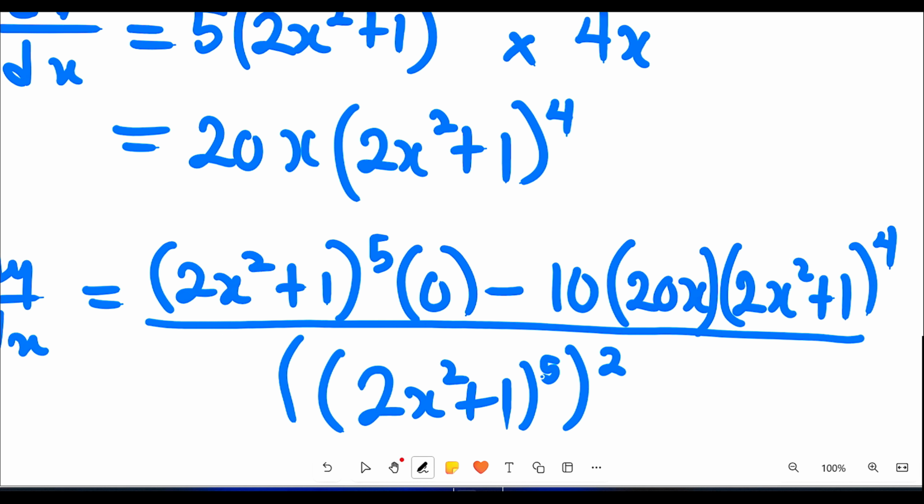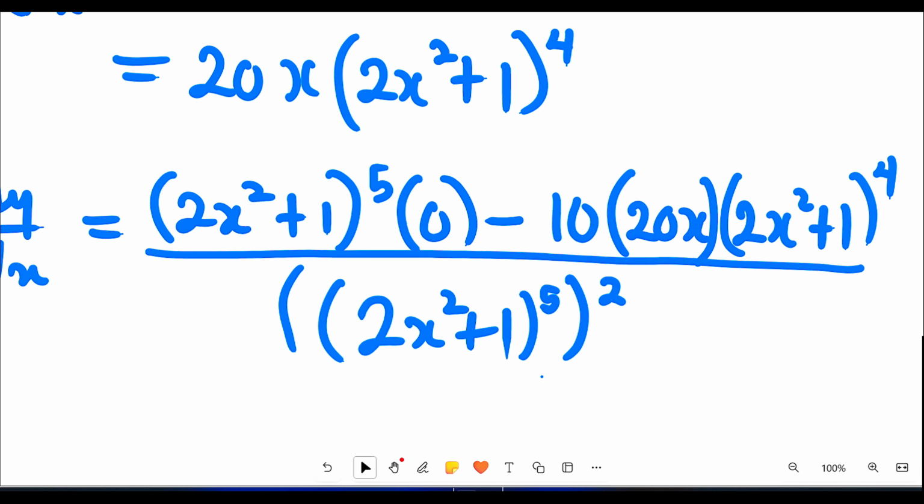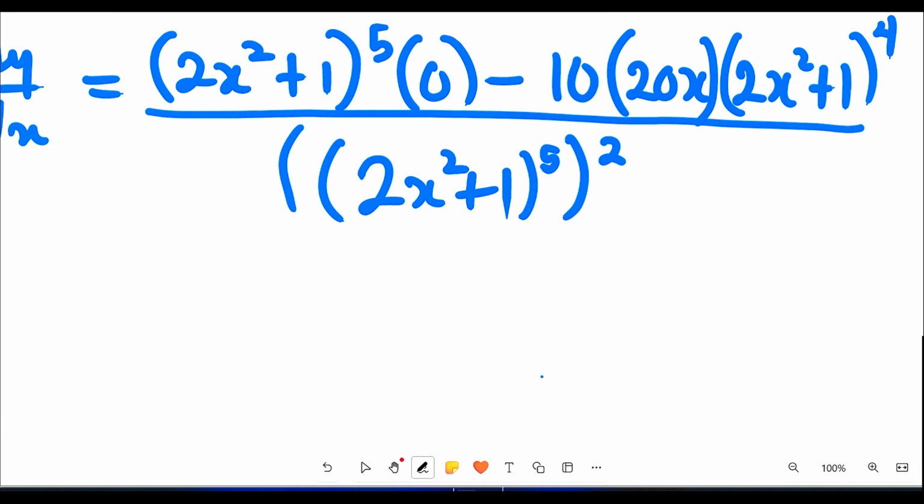All right. Let's continue to work on it. So we are going to get our dy/dx to be equal to, now let us work, (2x squared plus 1) to the power 5 multiplied by 0 gives us 0. So everything becomes 0. That's the first part of the numerator. Then minus, now we have 10, but because we have already indicated a negative, let us take it to be 10.